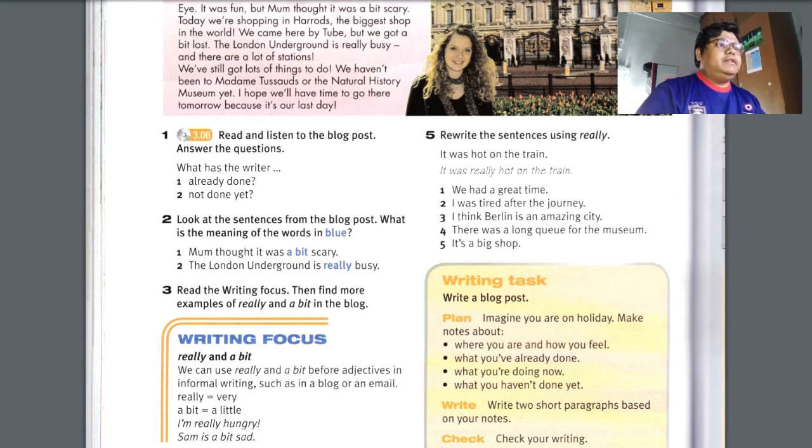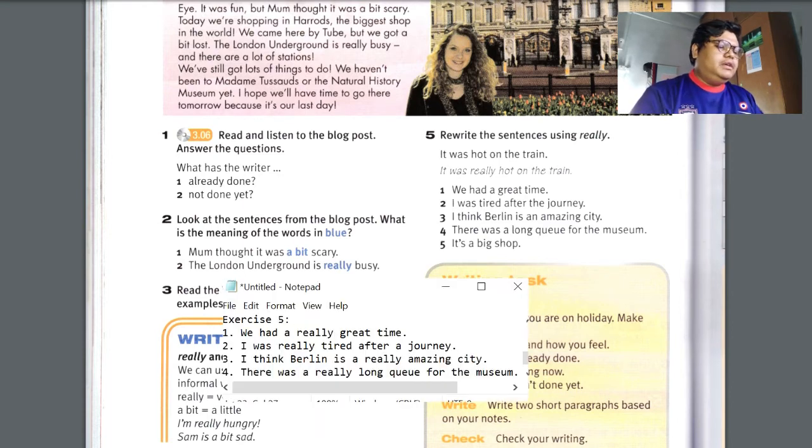We had a great time. Okay, so how do we change it? Okay, we had a really great time. Okay, we just add the word really. I was tired after the journey. Okay, I was really tired after the journey.